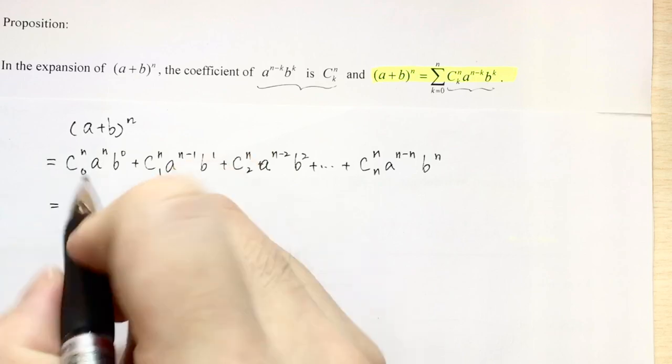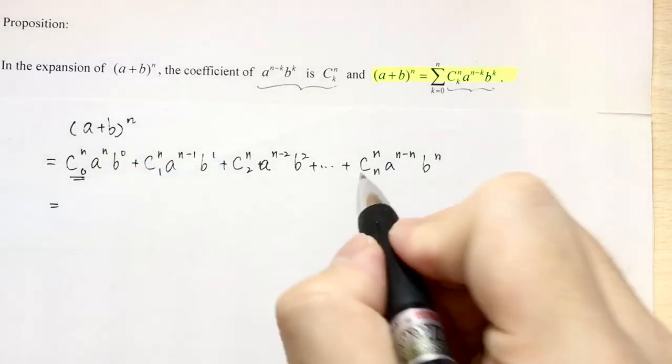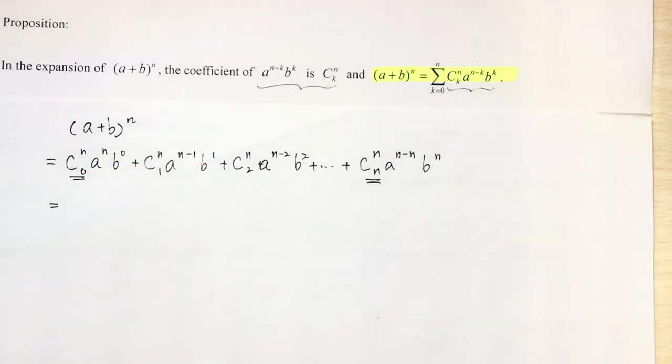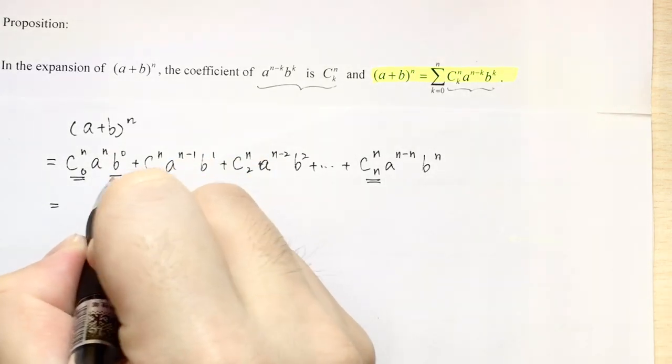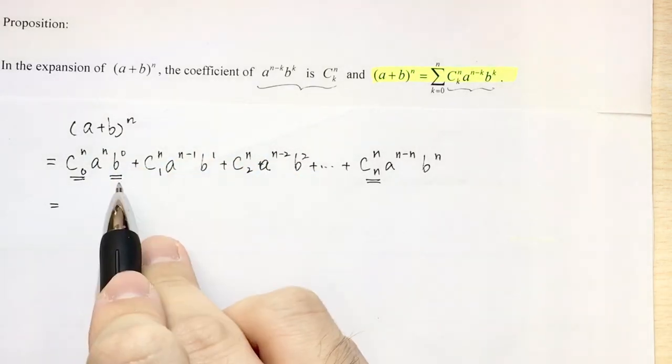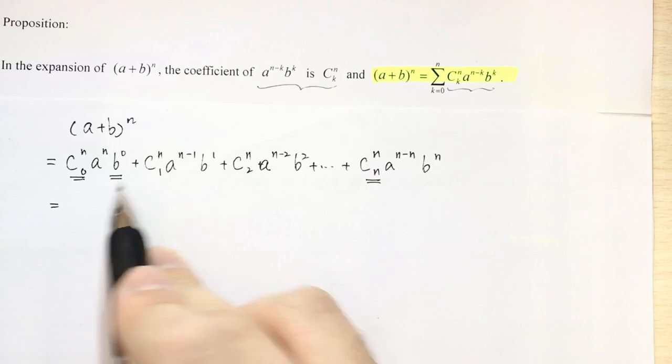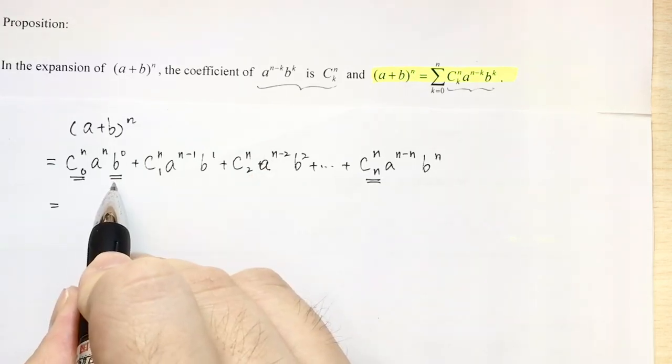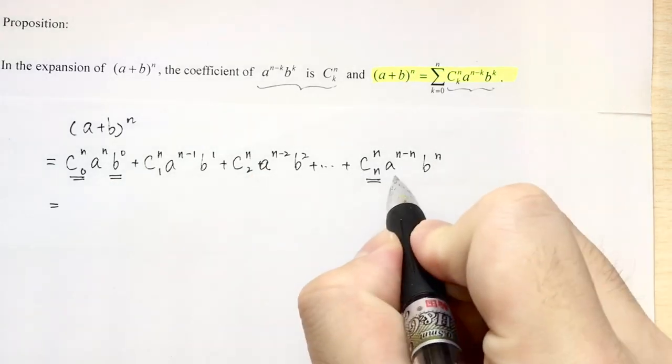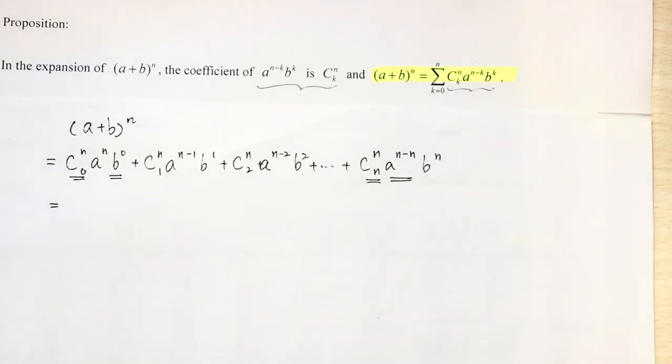Now usually, since we know nC0 and nCn are 1, we do not write them in the expansion. And also, for the first term and the last term, there should be a 0th power of some value, so we do not write those as well.